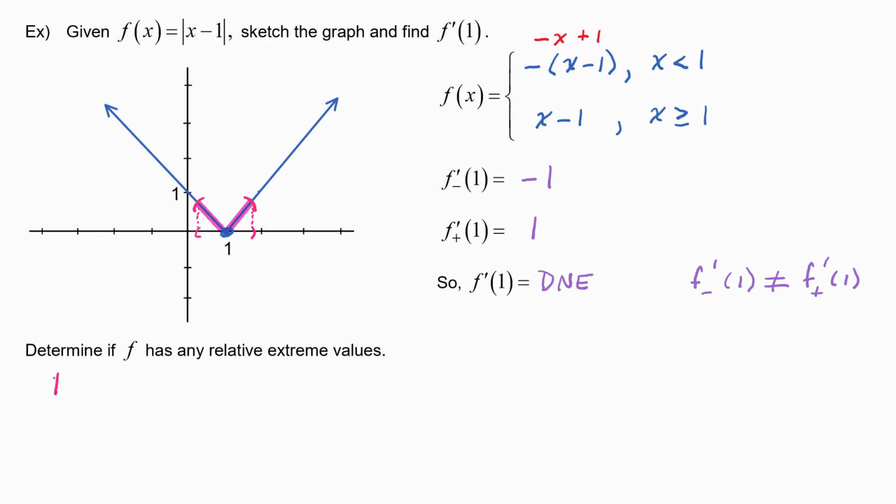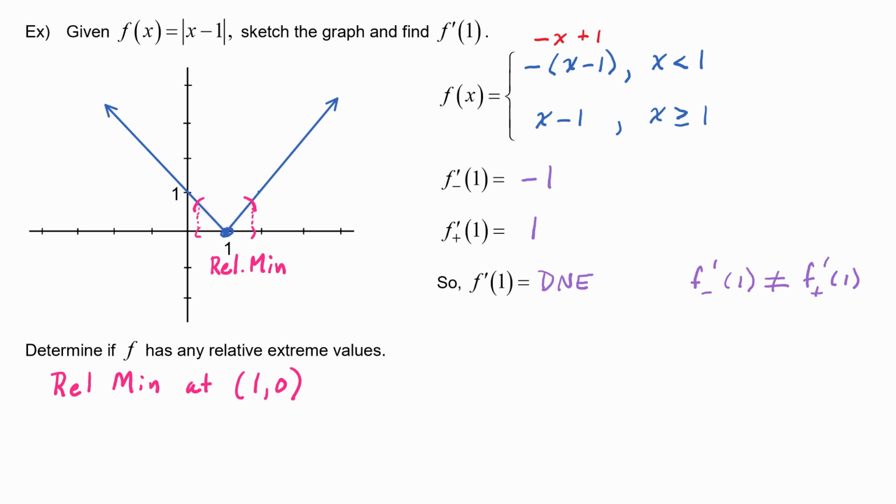So we have a relative minimum at the point 1, 0. Or we could have said the relative minimum equals 0 at x equals 1. This is an equivalent way to say it. So right here on the graph is a relative minimum.